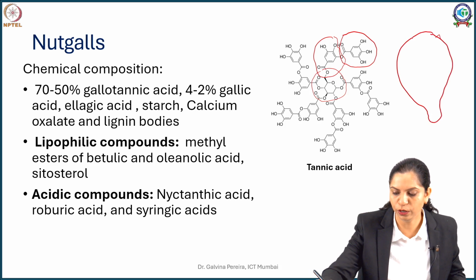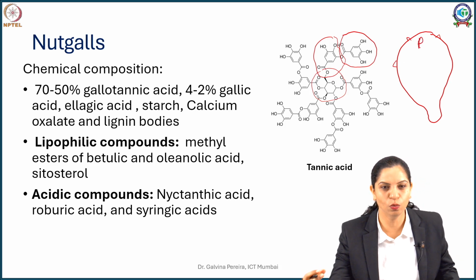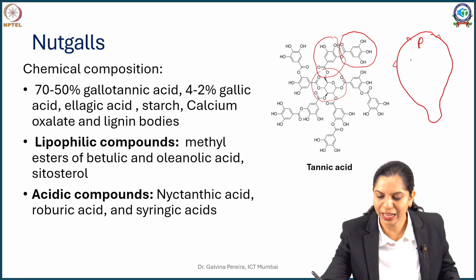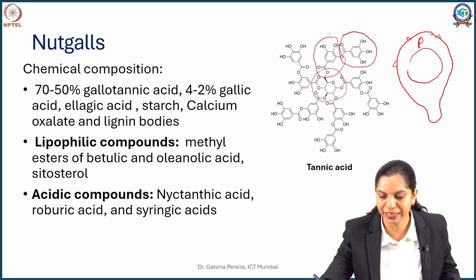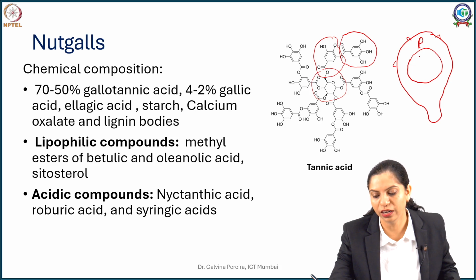You will have numerous projections coming out, and if you see the internal cavity, this internal cavity is a large layer of parenchyma. So you have a parenchymatous cell layer out here which are thin walled, and then you might have a single or double layer of sclerenchymatous tissue. Inside the sclerenchymatous tissue is another inner layer of parenchymatous tissue.